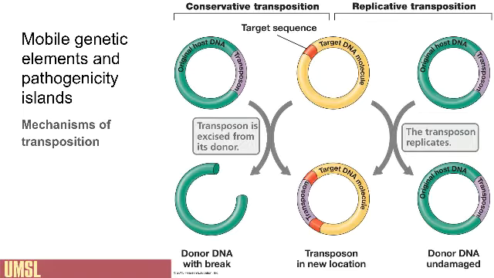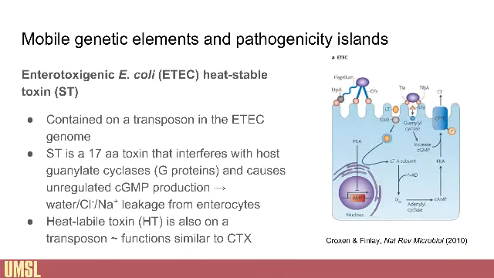And copy and paste transposition is often how IS elements transform into transposons that begin to engage in conservative transposition. Okay. Going a little quick, because I think it is more fun to see the examples than some of the stuff that you've probably seen in the microbiology course.